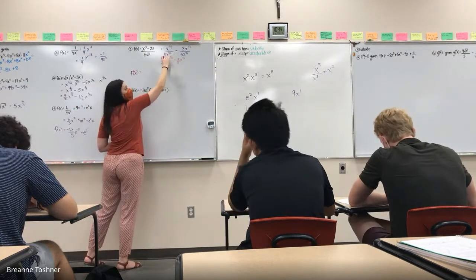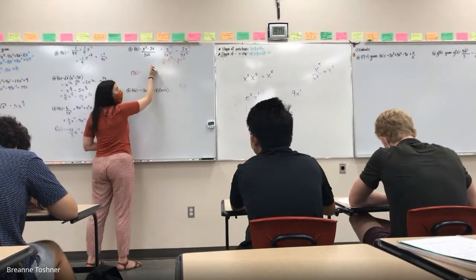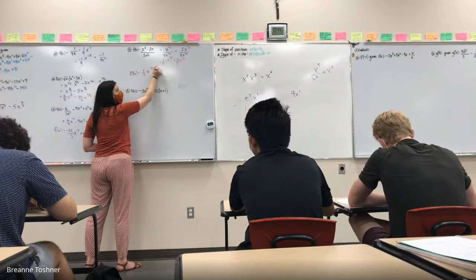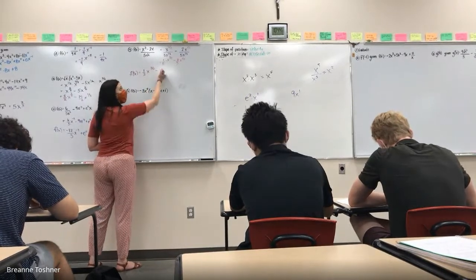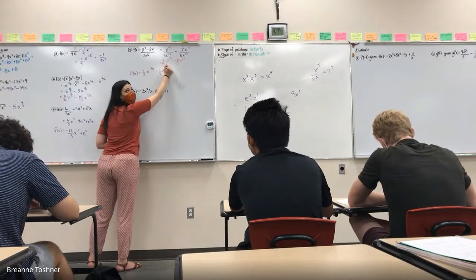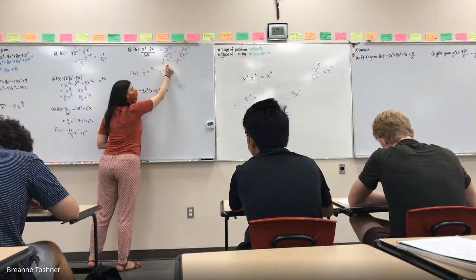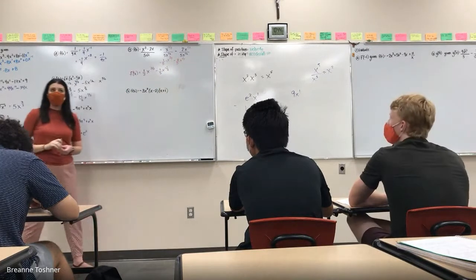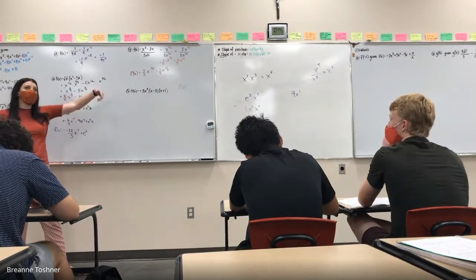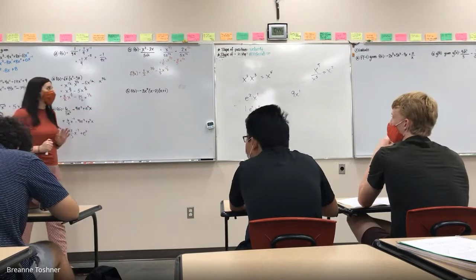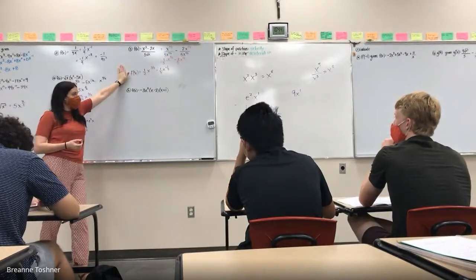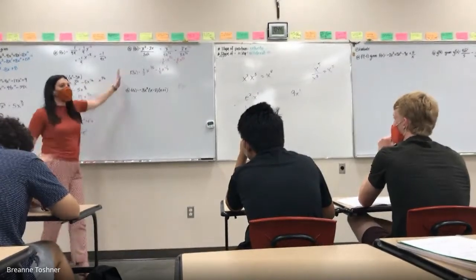So 5 halves times 1/5 is just what? 1 half x to the 3 halves minus 1/5 x to the negative 1 half. Be careful sometimes with fractions and subtraction. Negative fractions and subtractions, oh my God, hold on to your butts. Okay? Any questions on this one? Buenísimo, questions?